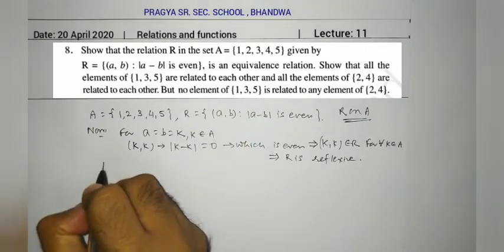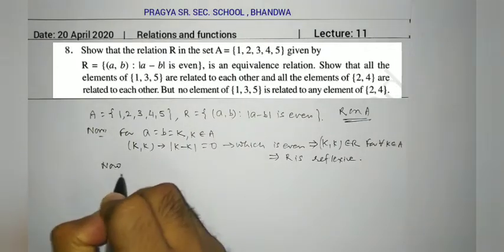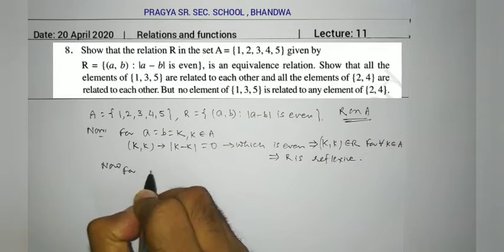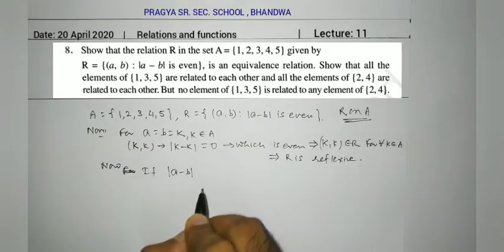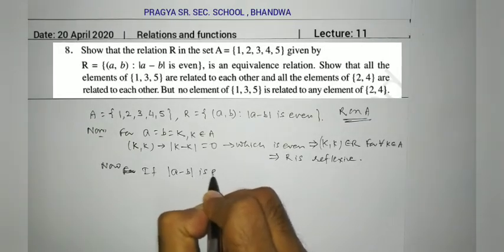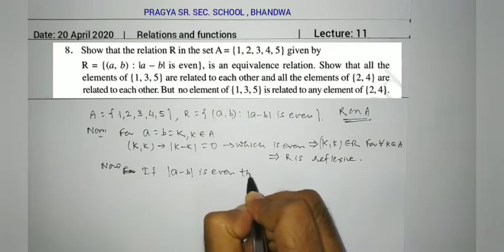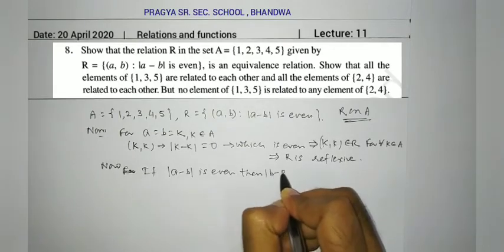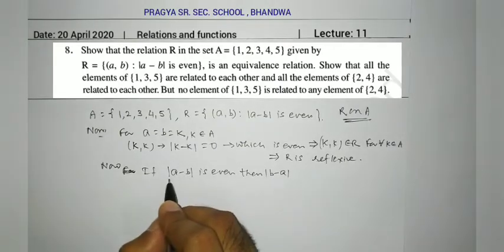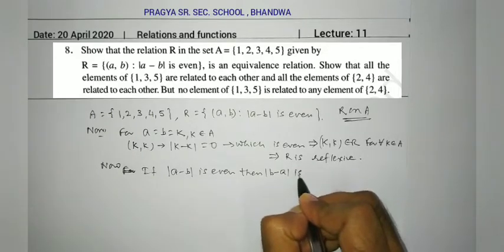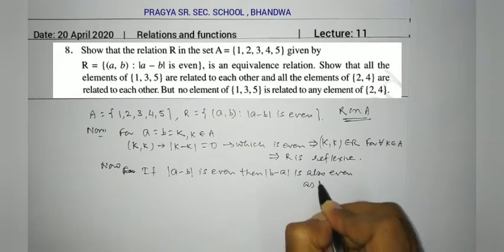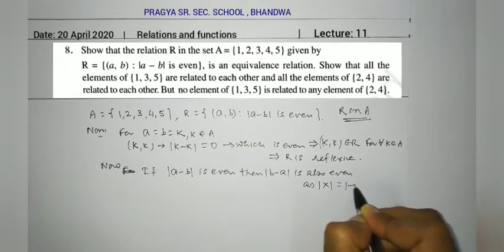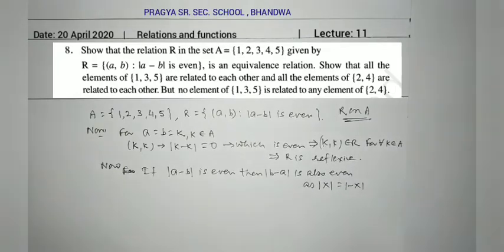Now, what do you write? If |a - b| is even, then |b - a|, if you reverse the position, is also even, as we know that |x| is |-x|. It is very clear, the basic property.